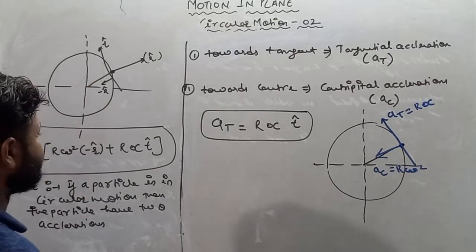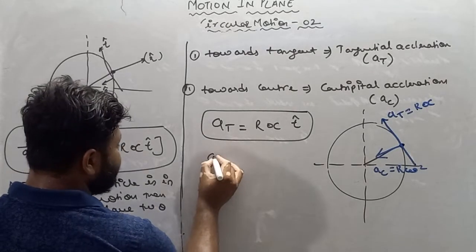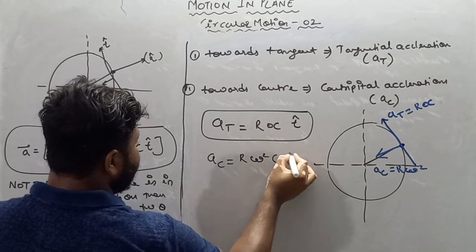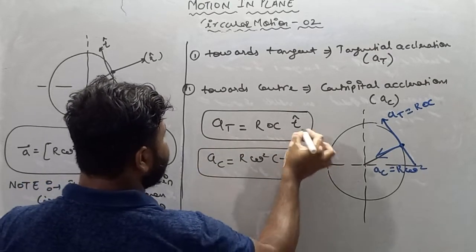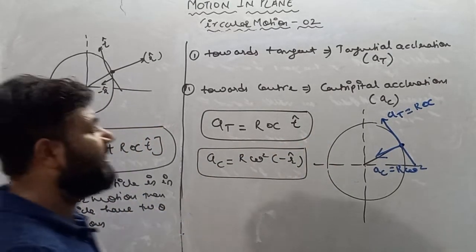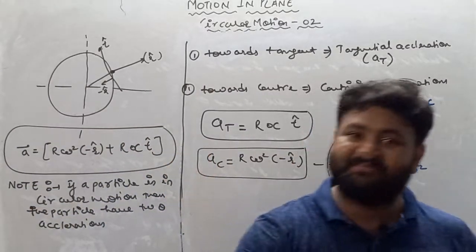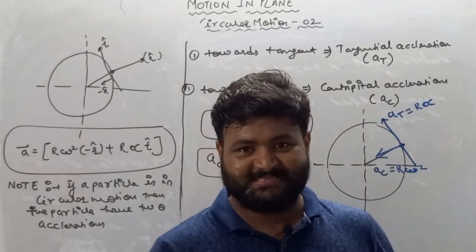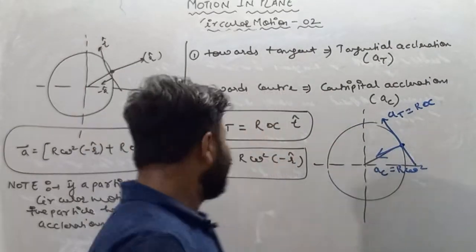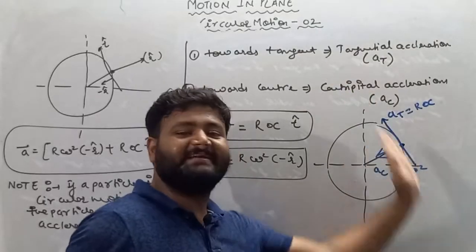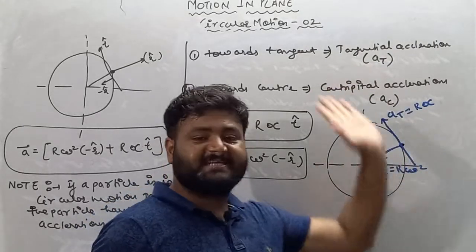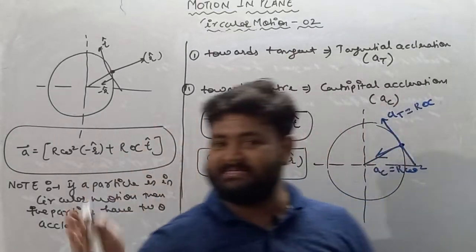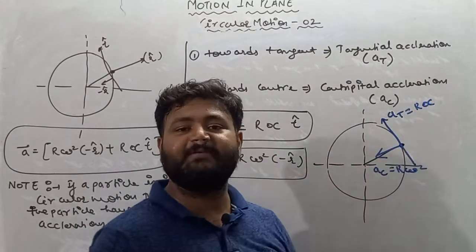So my dear student, the second acceleration is centripetal acceleration, it is r omega square and its direction is minus r cap. Remember this thing, if the particle is in a circular track, then the particle carries two different accelerations in two different directions. One is towards center and second is towards tangent. Towards tangent, the acceleration is called tangential acceleration, r alpha.